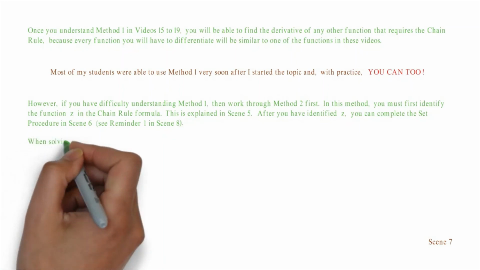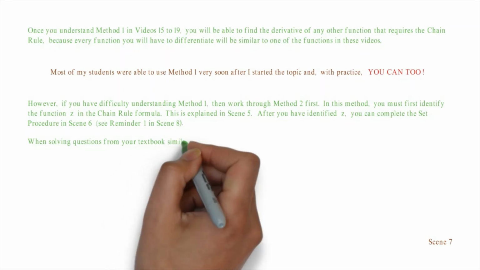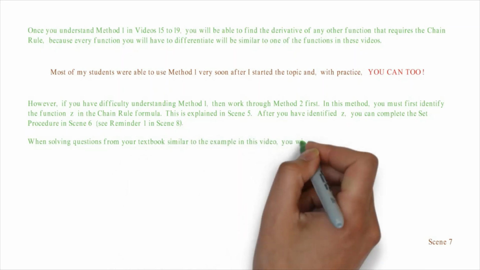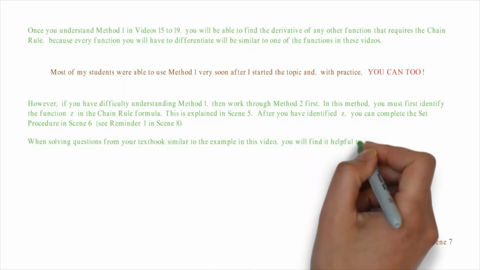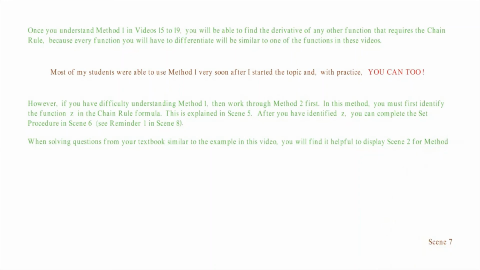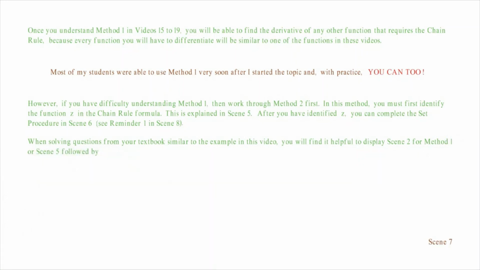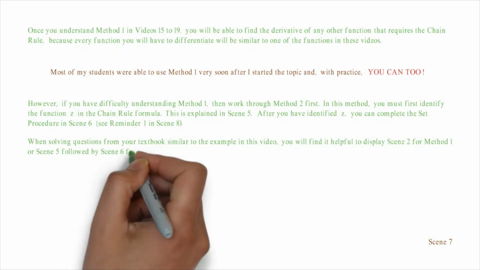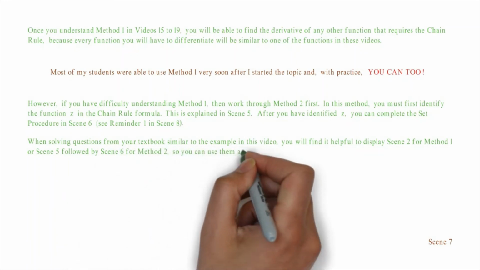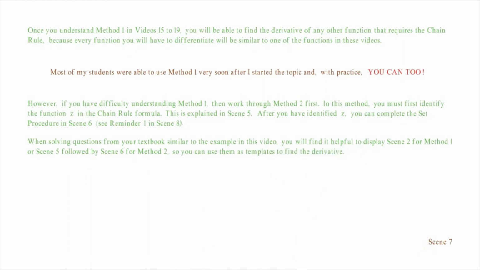When solving questions from your textbook similar to the example in this video, you will find it helpful to display scene 2 for method 1 or scene 5 followed by scene 6 for method 2, so you can use them as templates to find the derivative.